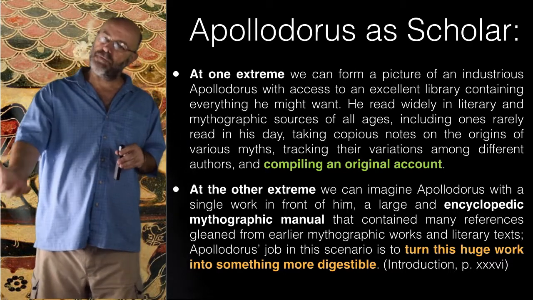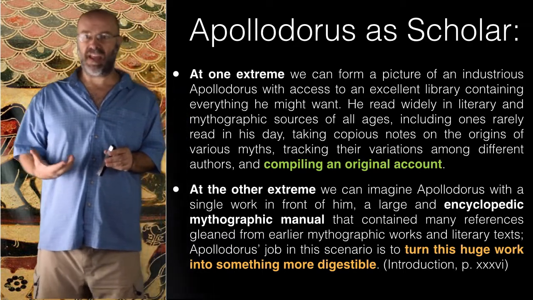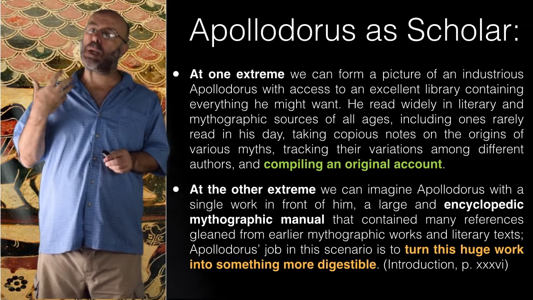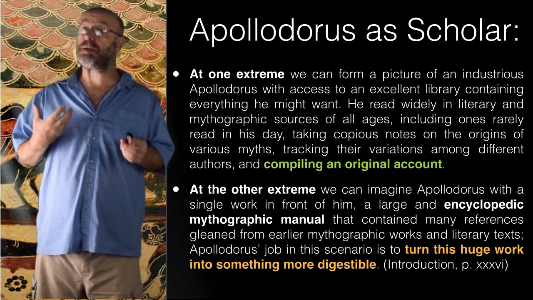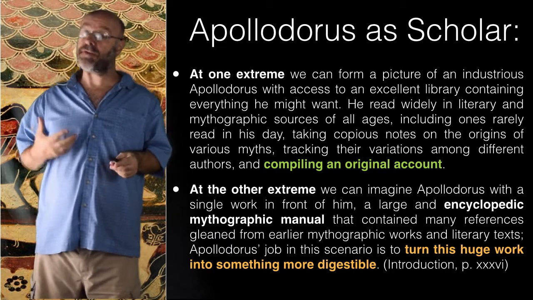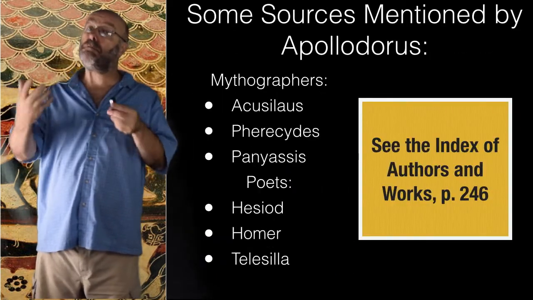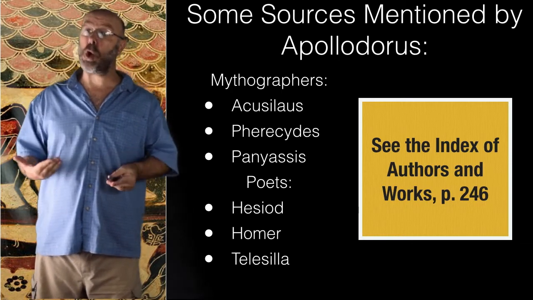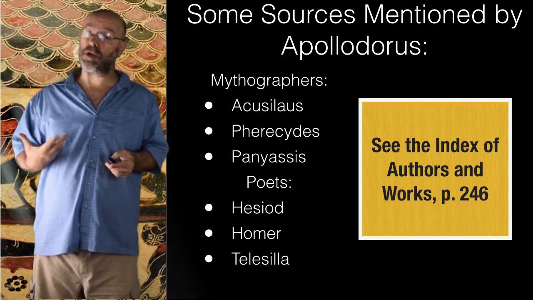So the editors there use the word mythographic manual. And although we don't have any complete works of mythography before Hyginus and Apollodorus, that is, we don't have anything like the work of Apollodorus from before the 2nd century CE, nonetheless we know that there were various authors who did produce such works.